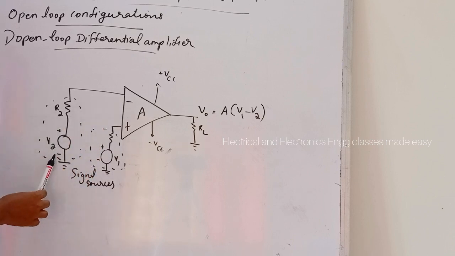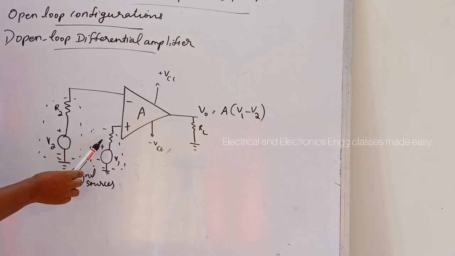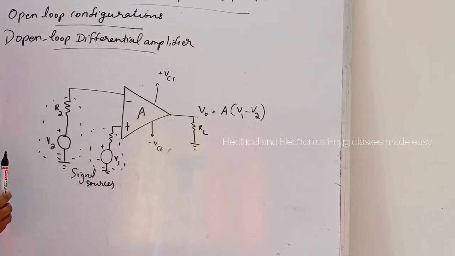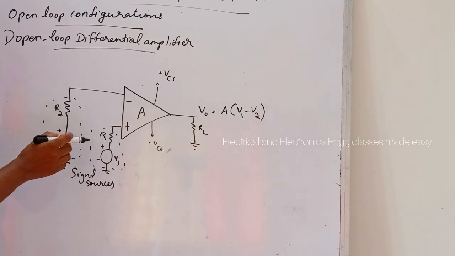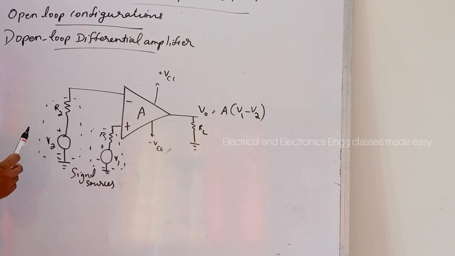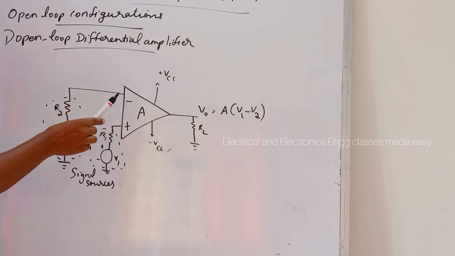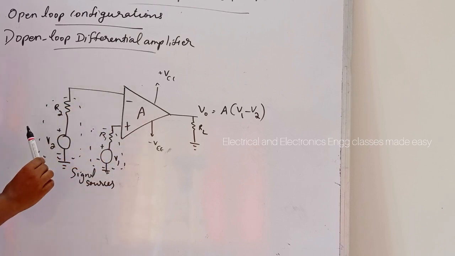The input voltages are V1 and V2. The source resistances are R1 and R2, and the source resistances R1 and R2 are very small compared to the high input resistance of op-amp.